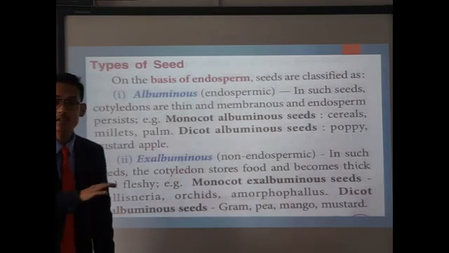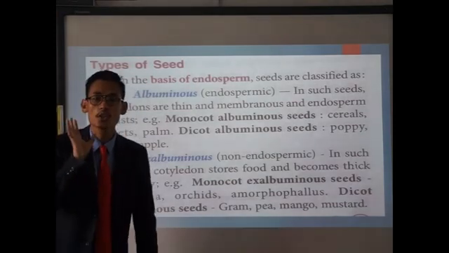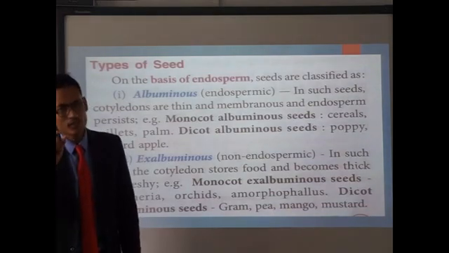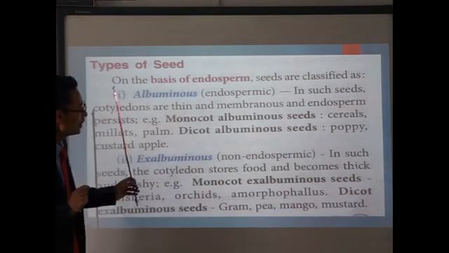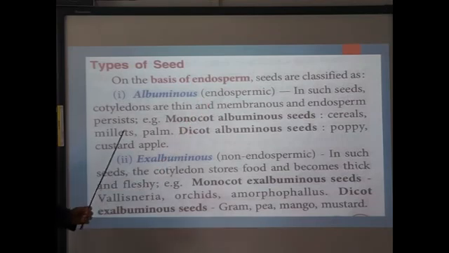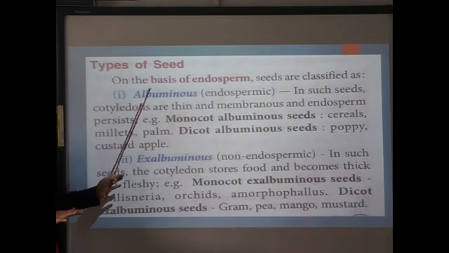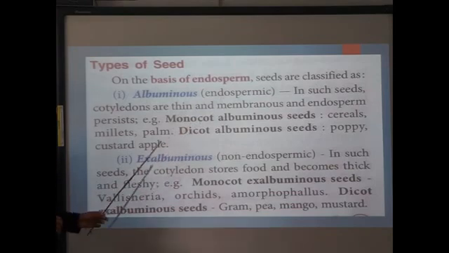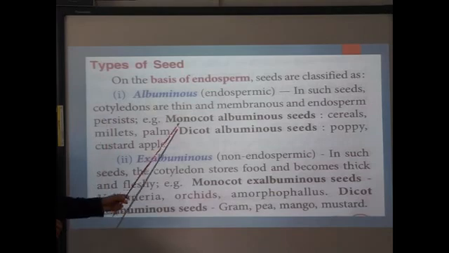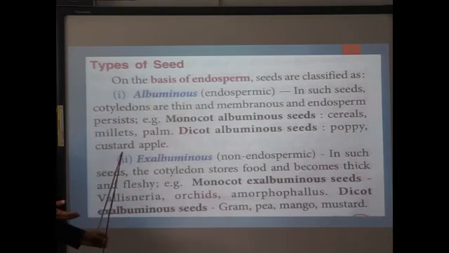That means the endosperm is not completely consumed during seed germination, and a little of the remaining part of the endosperm will be there even after germination is over. Examples of monocot albuminous seeds are cereals and millets; among dicot seeds you will find coffee, custard apple.